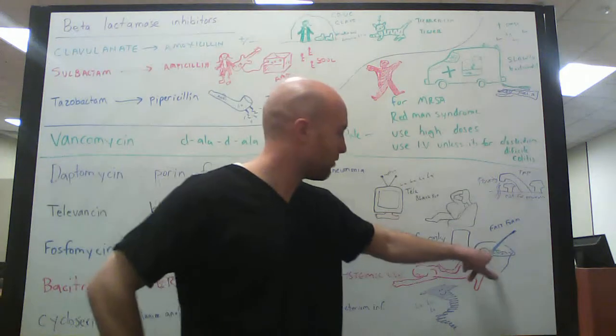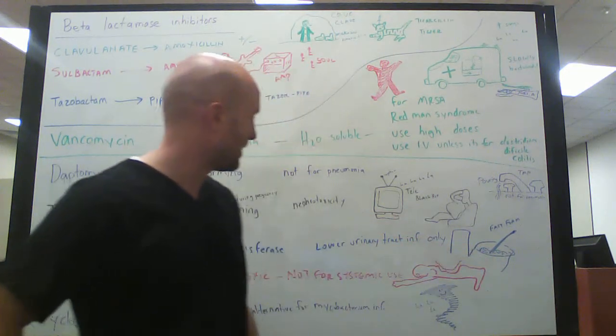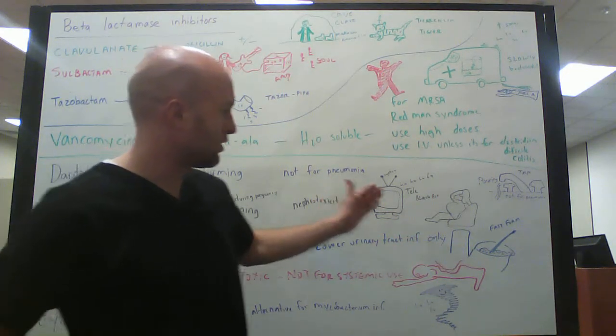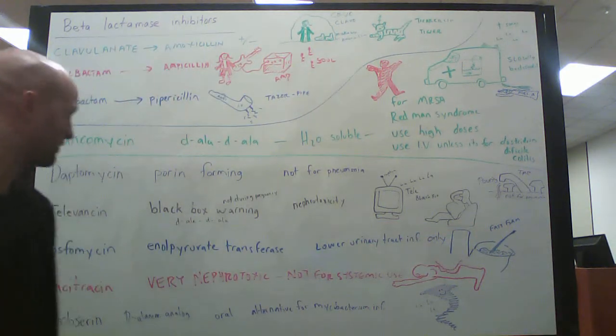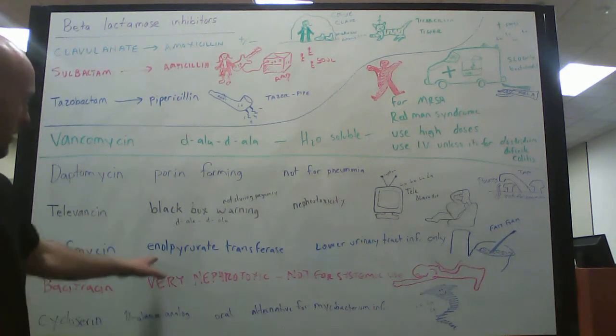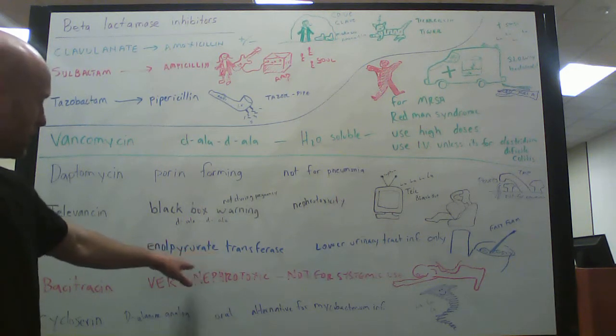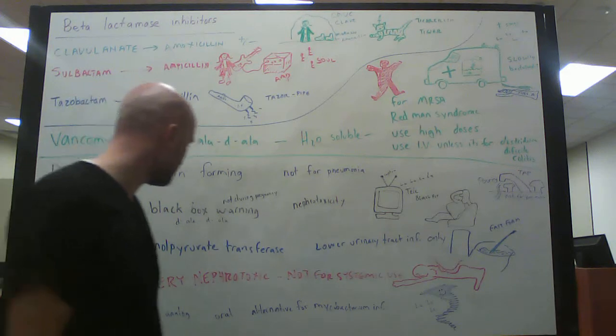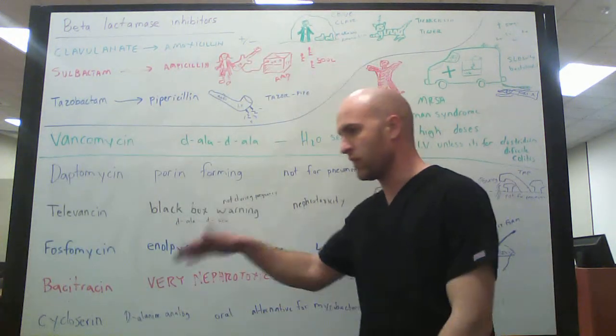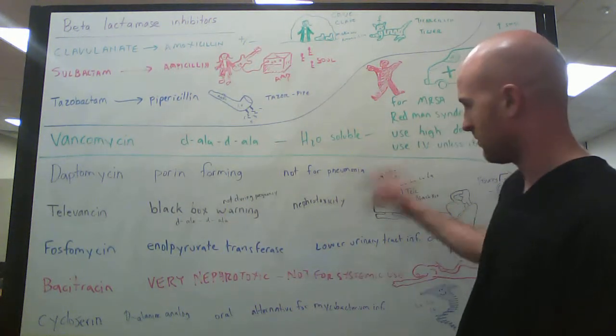So fast foam in the toilet, I'm going to pee, and that helps remember it's urinary tract infections only, the fast foam, fosfomycin. And I don't know about the enolpyruvate transferase. I didn't really incorporate that into it. Maybe when you're transferring your pee into the, I don't know, whatever.